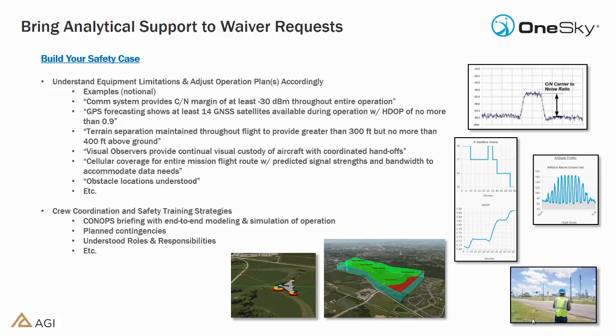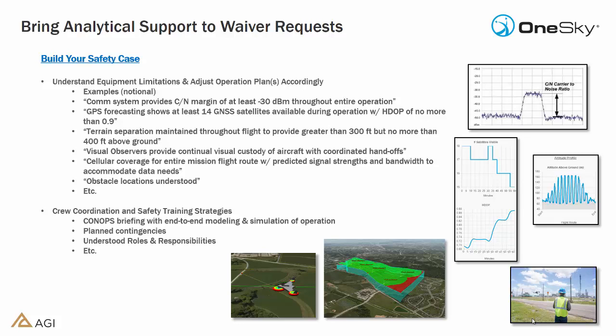And use that understanding and knowledge to potentially supplement a waiver request with the demonstration of that level of understanding, and even considering things like crew coordination and safety training strategies that you plan to outline and employ along with your FAA waiver request.